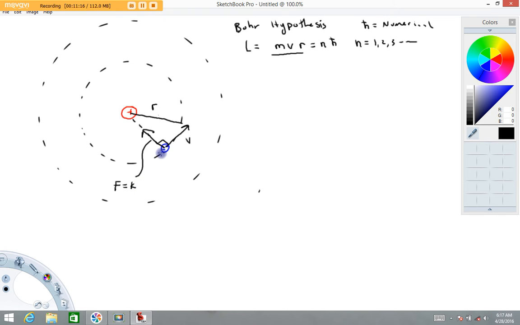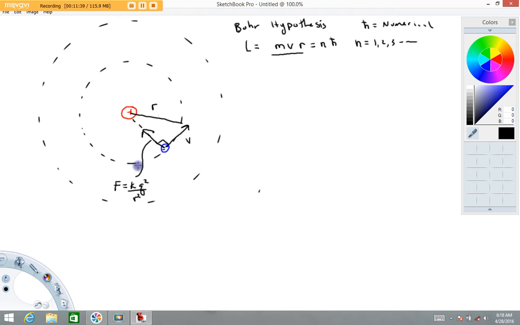Well, the charge of an electron is the same as the charge of a proton, other than the sign on it. And the sign is just used for things like force directions, which I have. So I'm going to write that force k q squared over r squared. All right, so this is Coulomb's law. The force between charged particles is k q1 q2 over distance squared.